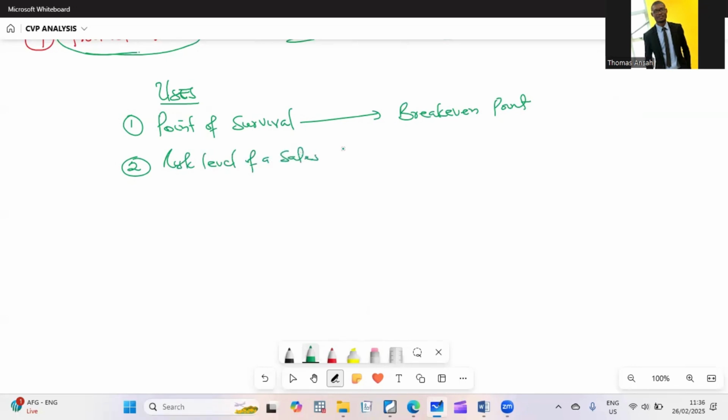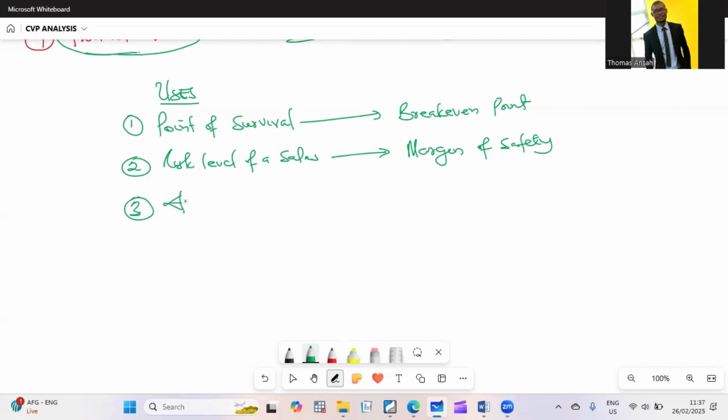How much do we have to sell so that we can stay relevant, we can be safe? We call that margin of safety. So it is used to determine margin of safety. And we just made mention of the fact that under the short-term analysis, we are learning how to plan within limitation.